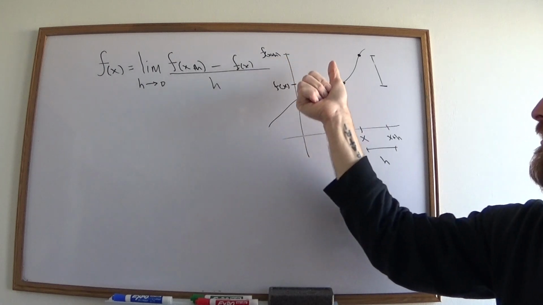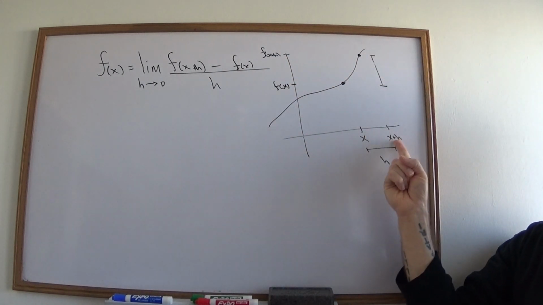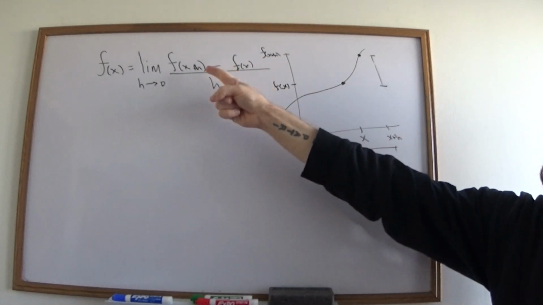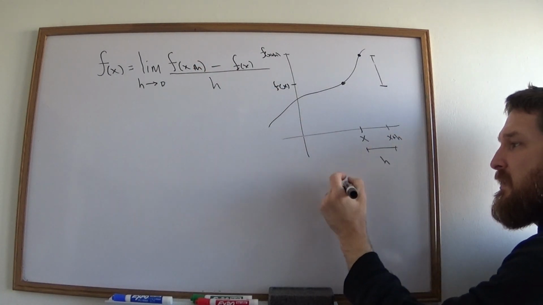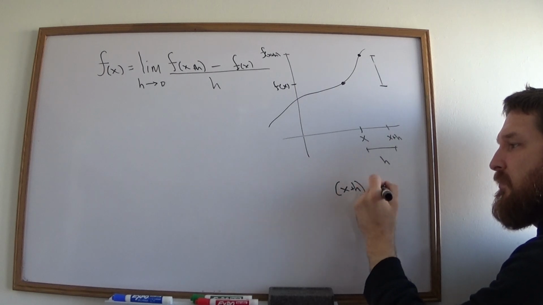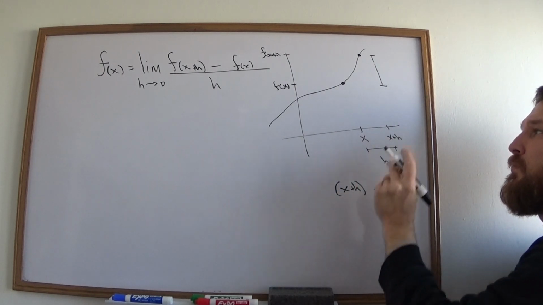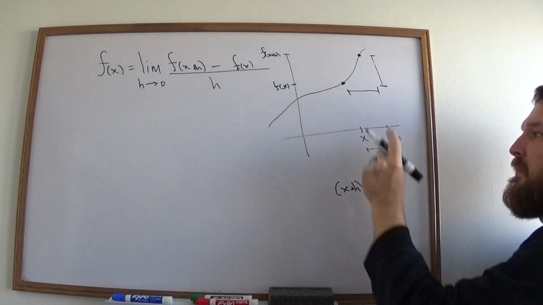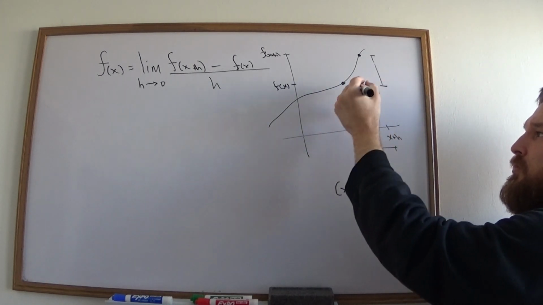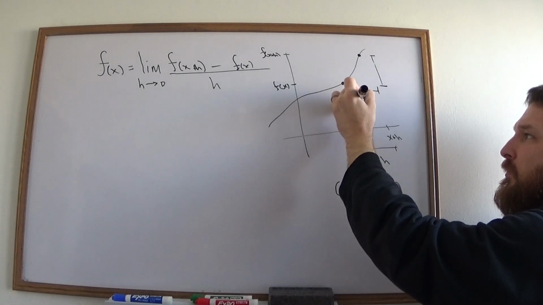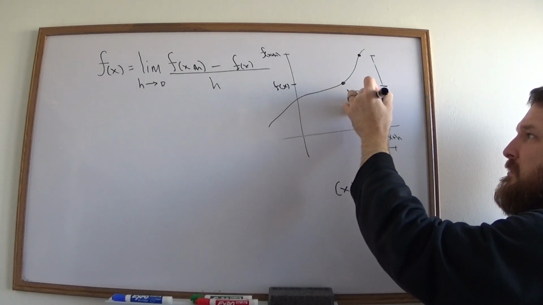We've taken the one on the right-hand side first, and minus that. That's the run, right? If that were a 7 and a 2, you would take 7 minus 2, the right-hand one minus the left-hand one.